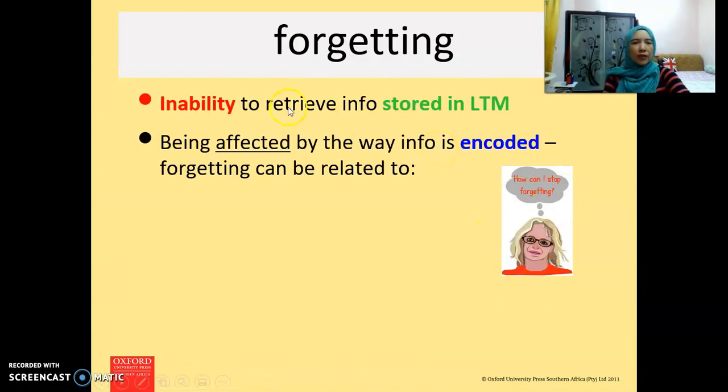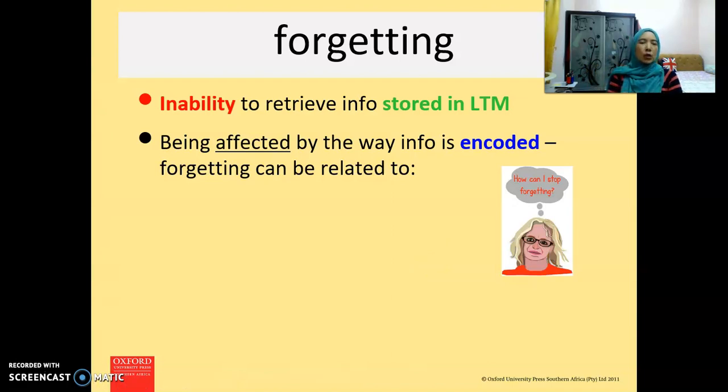Okay, we're moving to forgetting. Forgetting refers to the inability to retrieve the information that you stored in the long-term memory. This is because it's affected by the way the information is encoded. Forgetting can be related to the way you encode the information. Basically, when you store the information in your short-term memory, you tend to forget more.